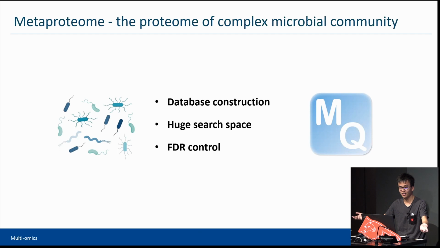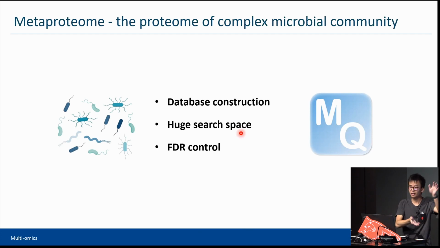You don't know which kind of species or genus is inside. The second tricky part is a huge search space, because it's so complex to identify all these proteins. You might need to put a lot of proteins inside the database, so the search space will become huge. Because of the huge search space, you get an FDR control problem.